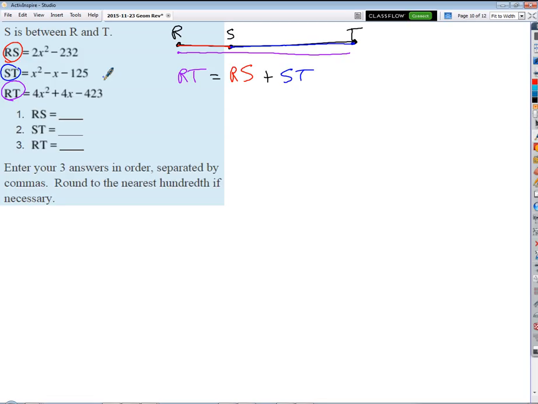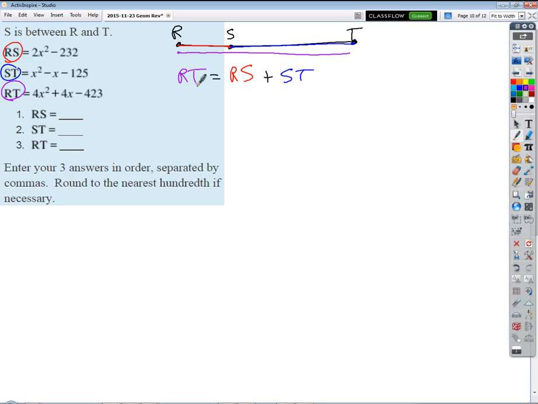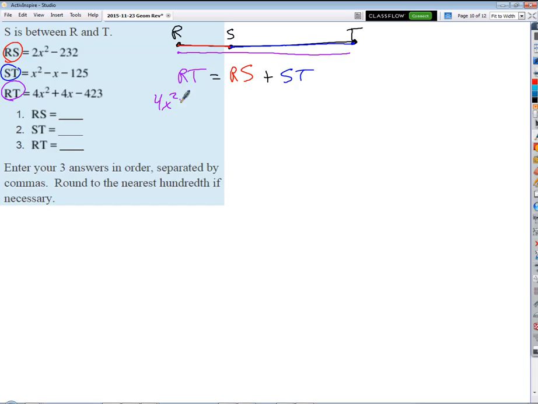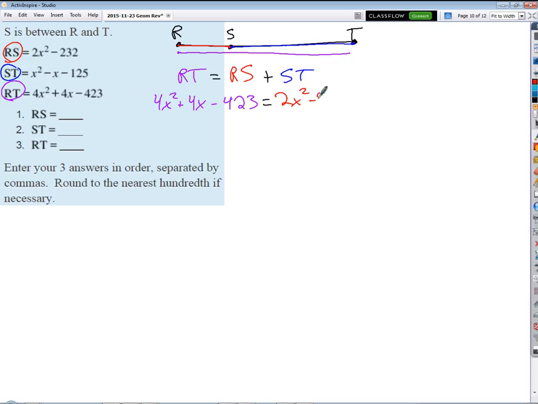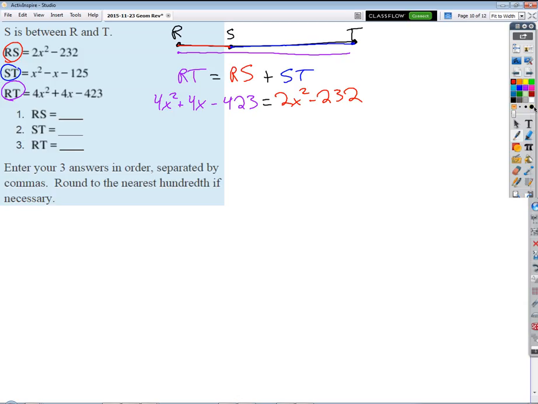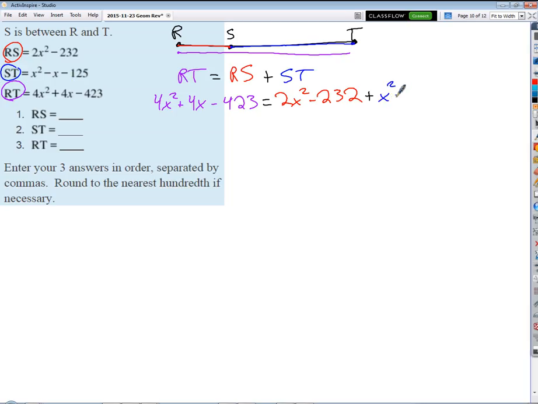So this becomes 4x squared plus 4x minus 423 equals 2x squared minus 232 plus ST, which is x squared minus x minus 125. Okay, any questions so far? Does that make sense?